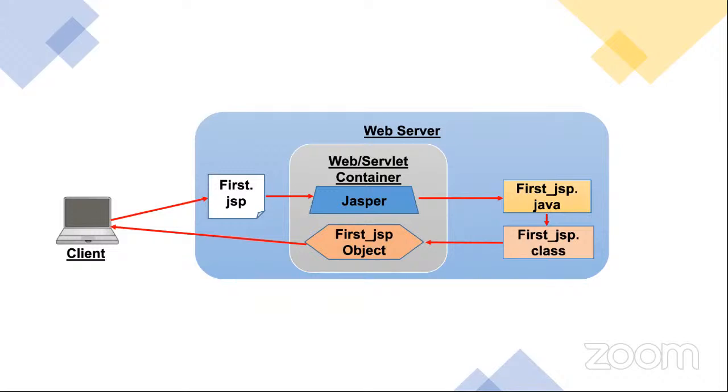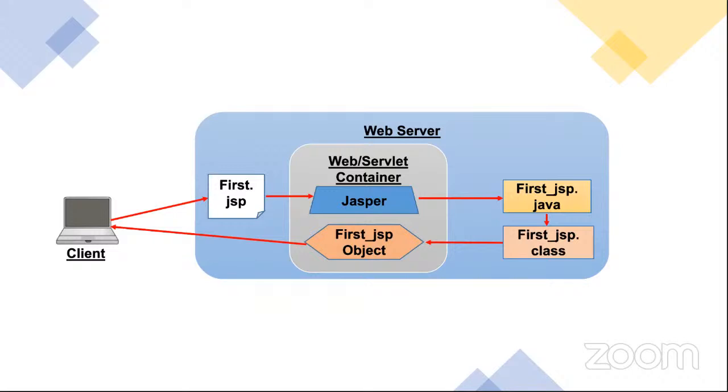This Jasper translates the requested JSP to its equivalent servlet class, that is .java. Obviously a servlet class will have the extension .java, right? And then the container loads the servlet class, instantiates it and initializes it by invoking the JSP init method.